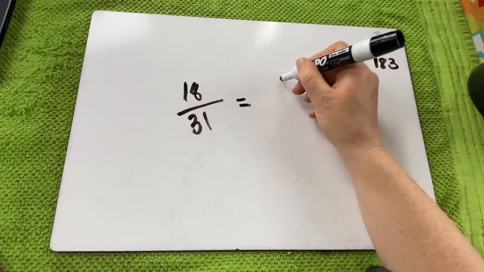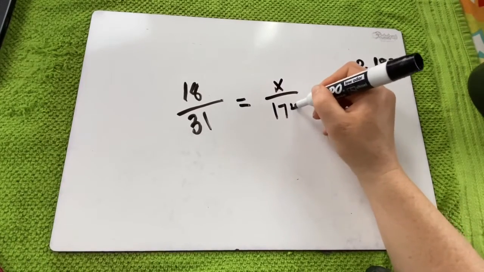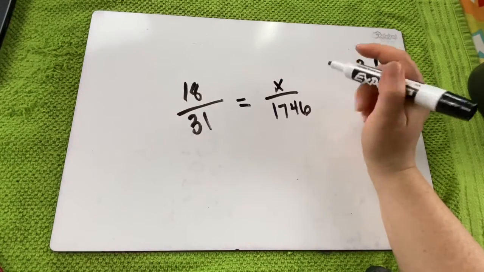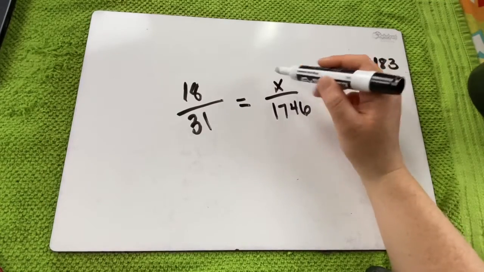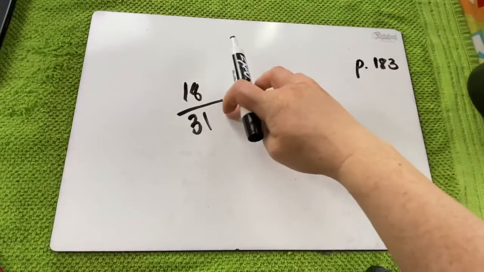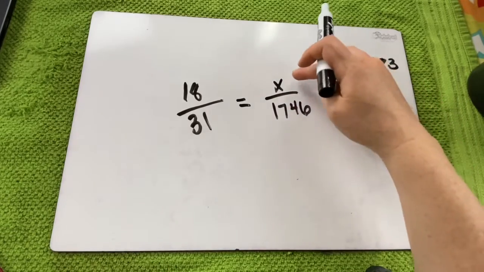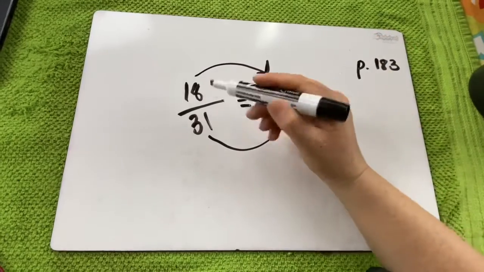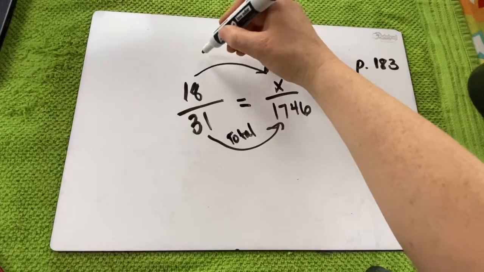So this has to equal how many people have pets over 1746 students. Does that make sense? So we want to know how many people actually have pets. So this is how you would rewrite it. So you took out of your class. Now this is how many in the whole school. So this is total. So you put the total on the bottom, and this is how many pets.